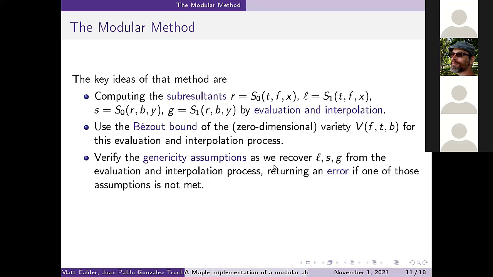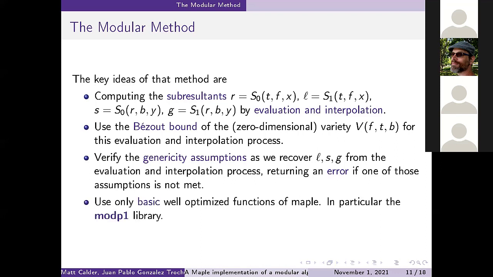And we are going to verify our genericity assumptions as we recover r, l, s, and g. If we find that they are not met, we will just send an error. The last one is that we are using basic well-optimized functions of Maple. In particular, we use the modpn library.